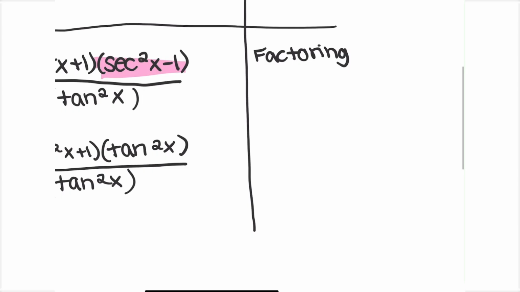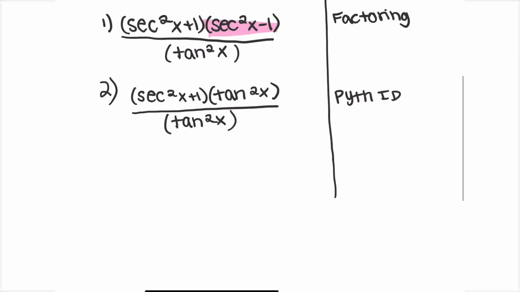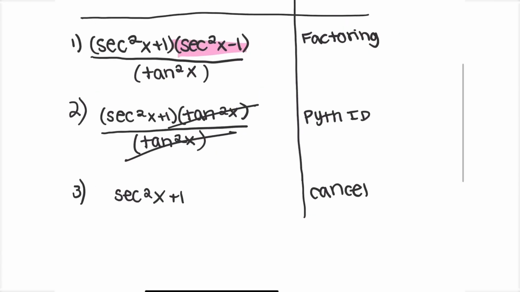And then the justification for that is the Pythagorean identity. And then we notice that the top and the bottom are both being multiplied by tan squared x, so we can just cancel those out, leaving us with secant squared x plus 1. Draw the little meter. Secant squared x plus 1. And the justification is cancel it, since all we did was cancel this out.